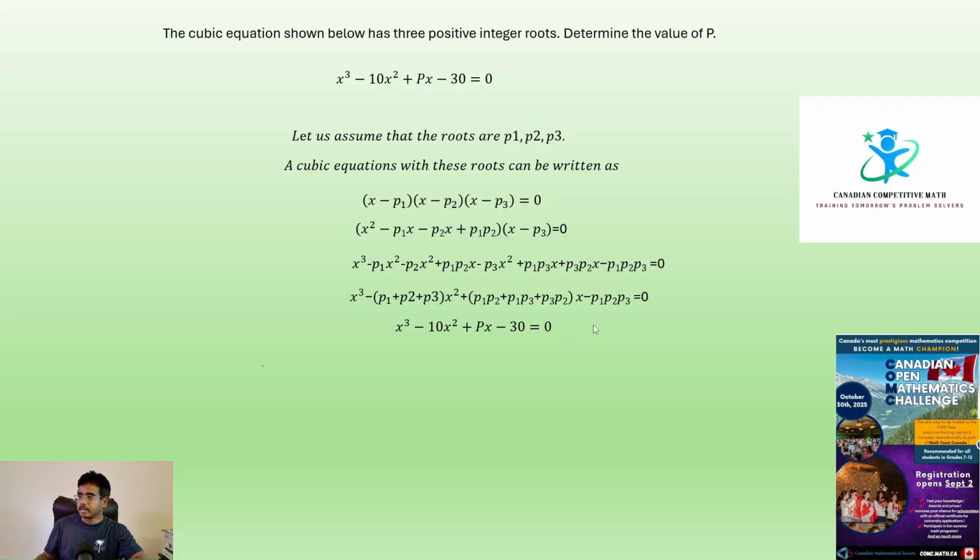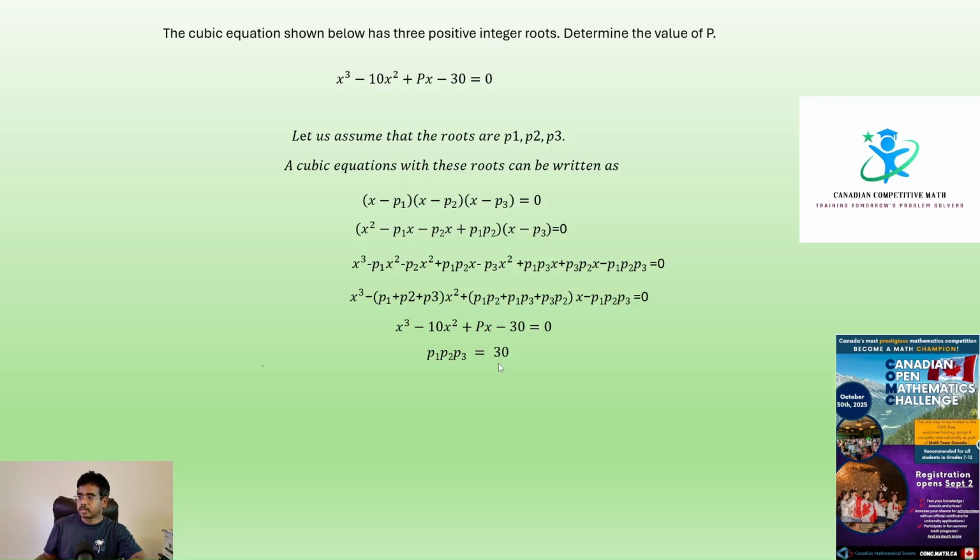If I take the constant in this expression and compare that with the constant in the expression that is given to us, both of them should be the same. Meaning p1p2p3 should be equal to 30. The condition in the question was that there are three roots, and all three of them are integers.